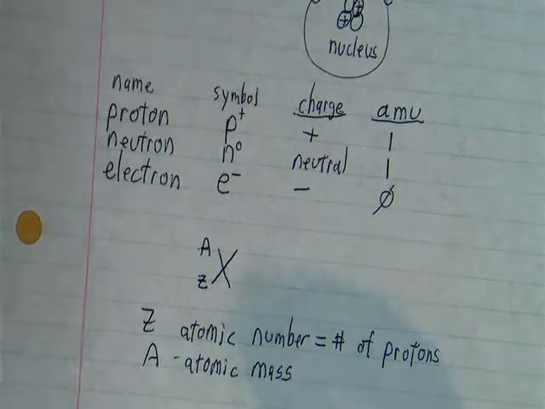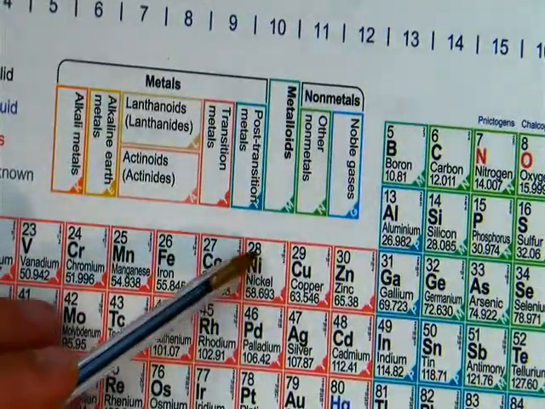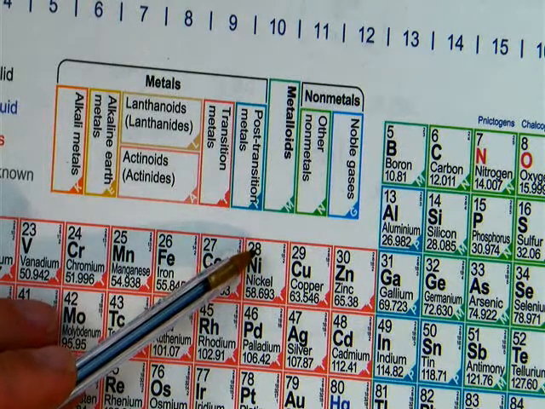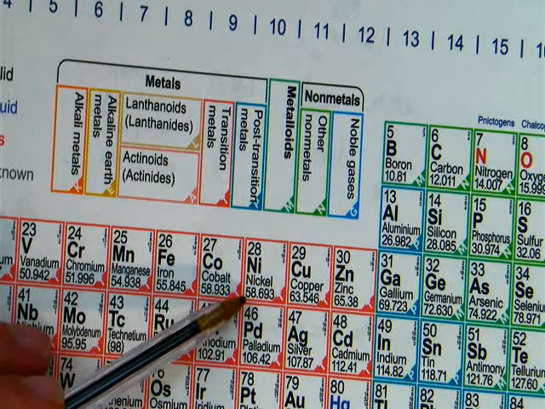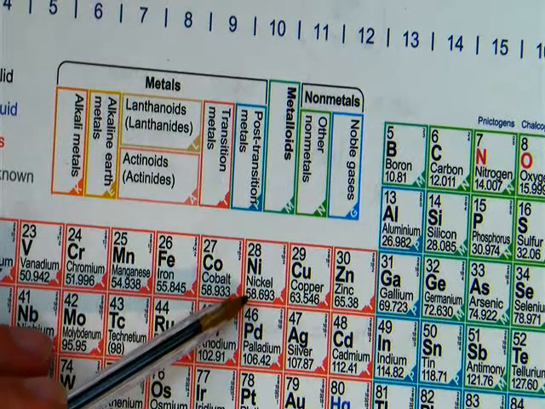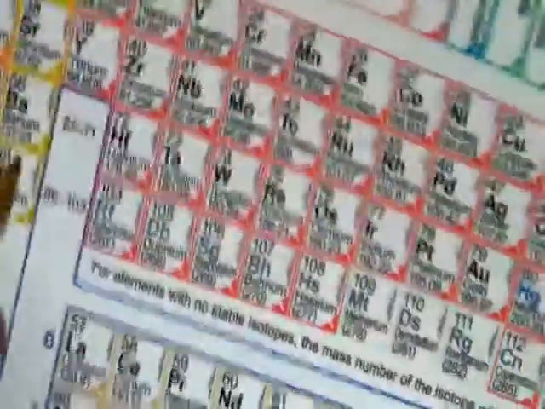On the periodic table, well, the one that I'm using, they don't write it as an upper left superscript. They list the average atomic mass on the periodic table. So for copper, it says 63.546, for example.